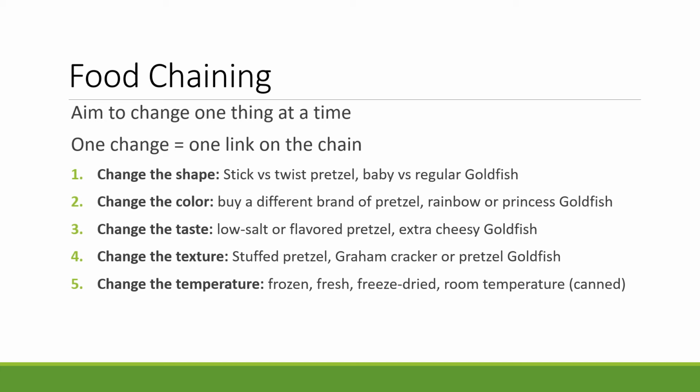Again, not starting with whole yogurt, but instead, picking something like a goldfish or a pretzel for your child would be the more ideal place to start, so that you're not potentially messing with a food that they have as a Love It food that provides a lot of nutrition to their diet. So I shared some examples here about how you might change the shape, the color, the taste, the texture, or the temperature to these given items.